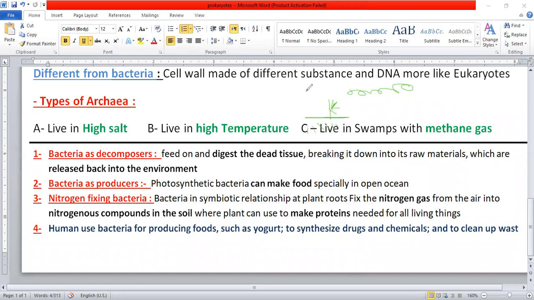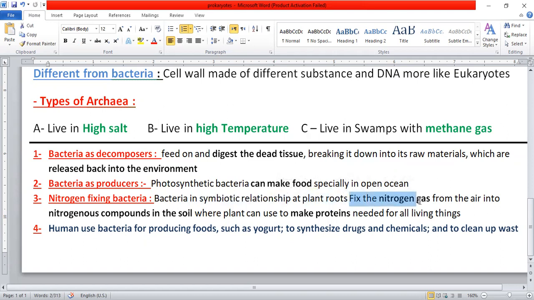So some kinds of bacteria that live in the soil, here at the roots of some plants, fix the nitrogen from the air into the soil and allow the plant to get this nitrogen. This is very important, okay? So nitrogen fixing bacteria are symbiotic. They live in a relationship that helps the plant. They live in a symbiotic relationship at the plant roots.